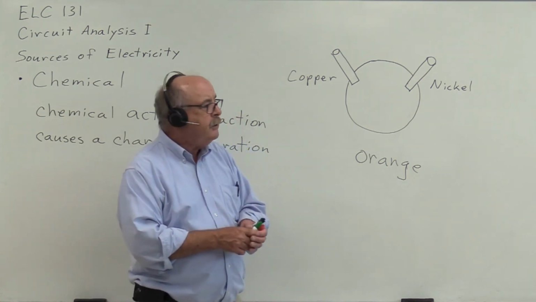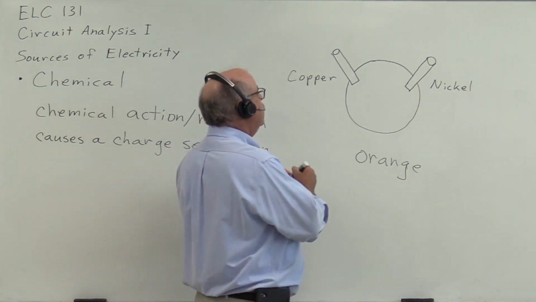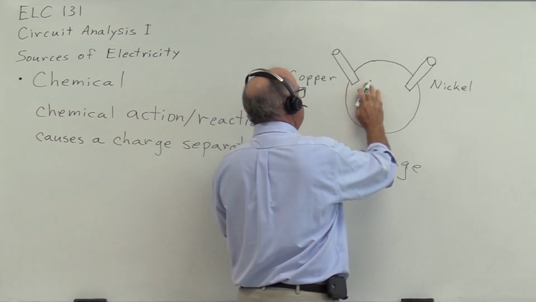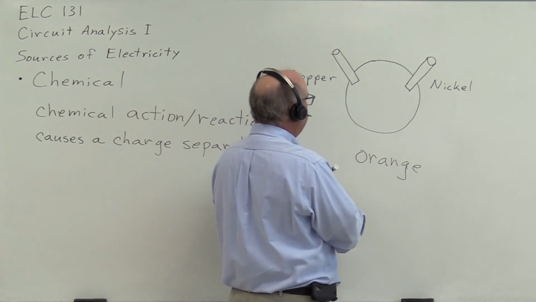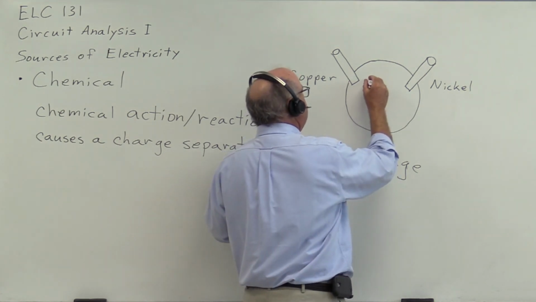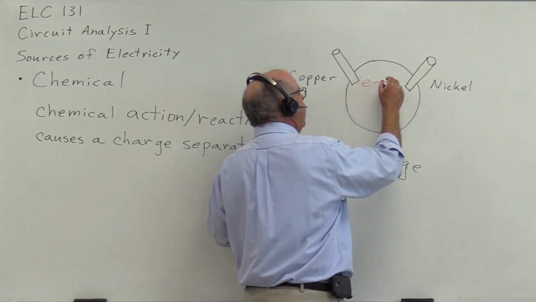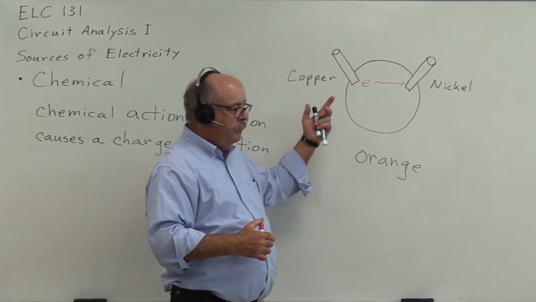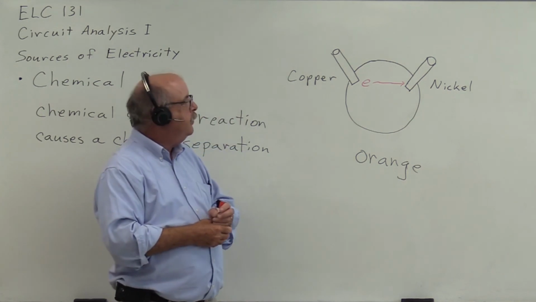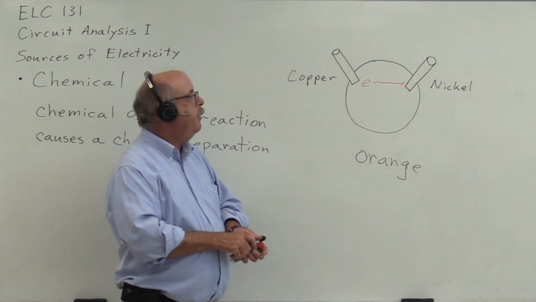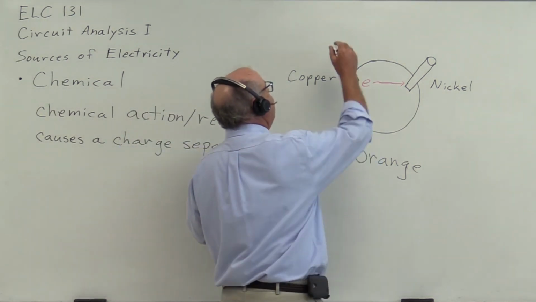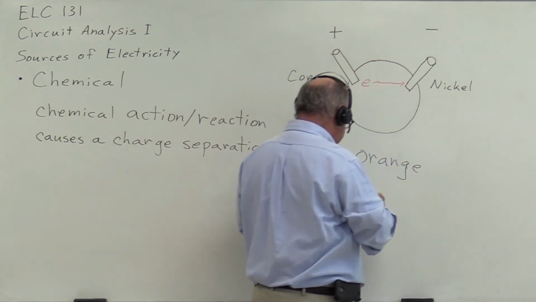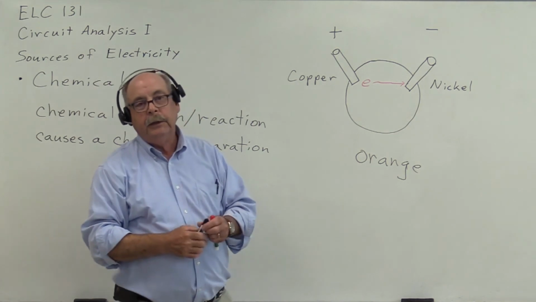And what happens is the electrons leave the copper and move through the citric acid to the nickel, therefore creating a charge differential between the plates or between the dissimilar metals.